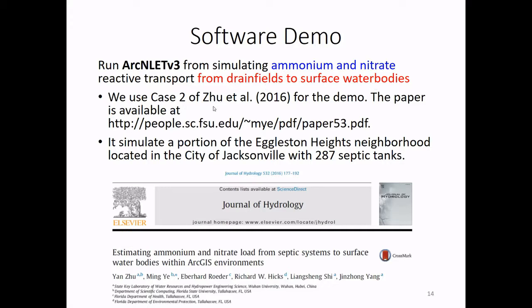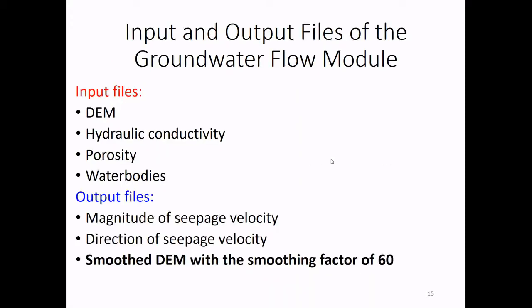So we have three cases published in Zhu et al. And we use case 2 of this publication for the demo. And the paper can be downloaded from my website if you're interested. This is a paper. And so this case 2 simulates a portion of the Eggleston Heights neighborhood located in the city of Jacksonville with 287 septic tanks.